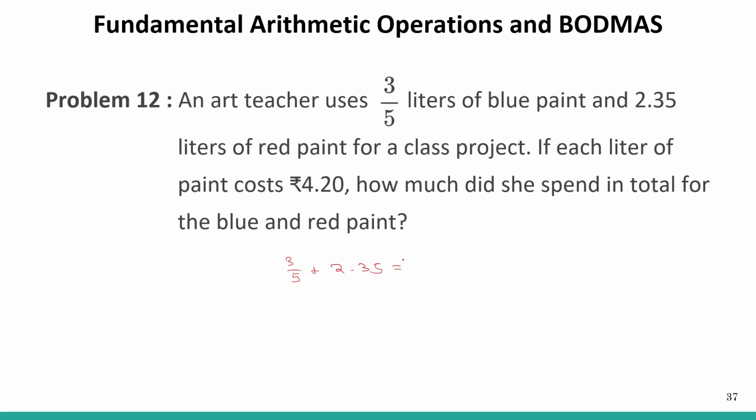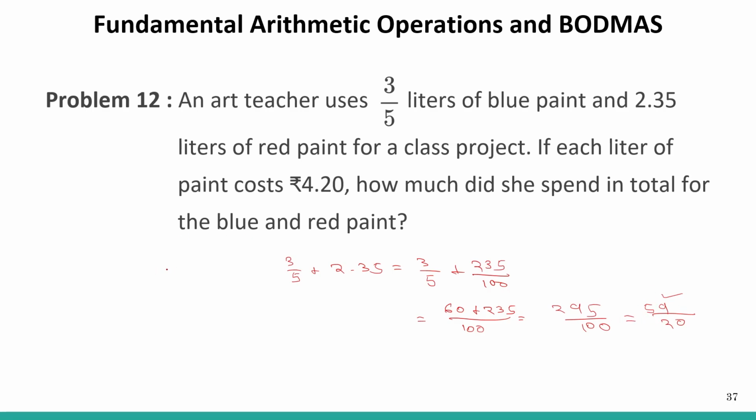Converting the decimal to fraction, we get 3 by 5 plus 235 by 100. This is 100, and then into 20, so 20 into 3 is 60 plus 235, so it will be 295 by 100, which is 59 by 20. This is the total amount of both types of paint.